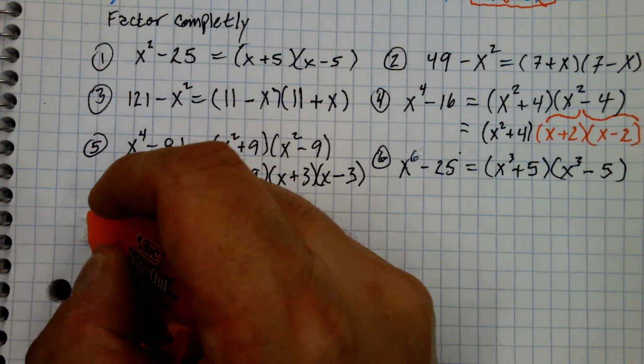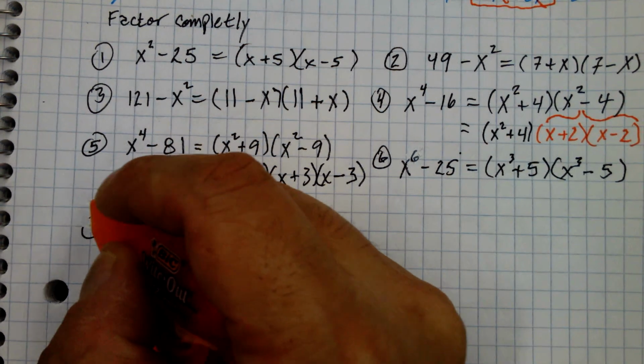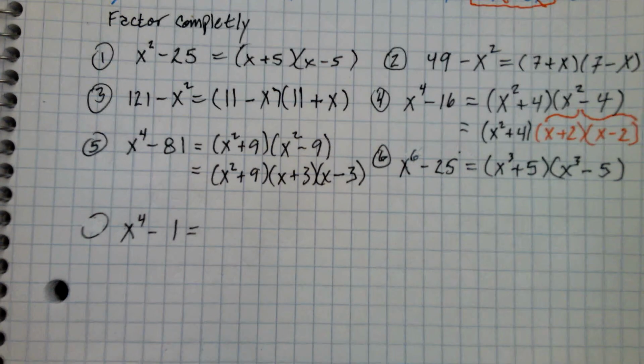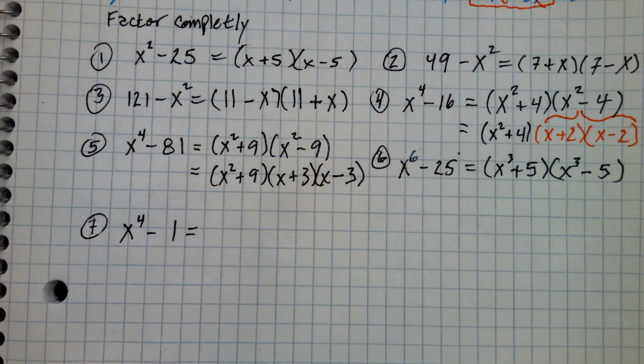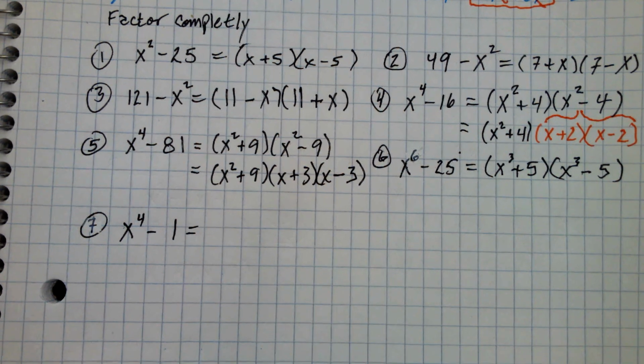I was looking at the one above, forgetting we've done that. So check in with your table partner after you're done and make sure that you factored everything you can.